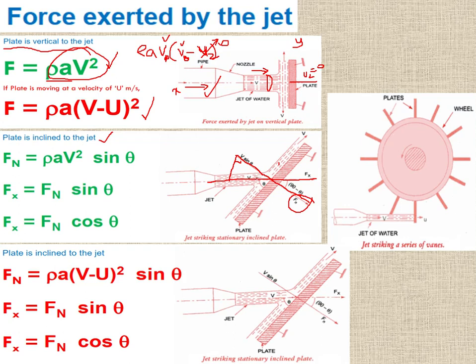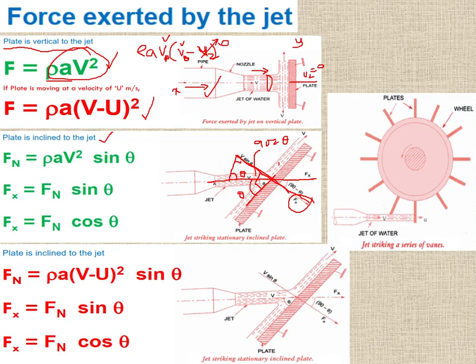Since this line and this line are perpendicular to each other, this is all 90 degree, and this angle is theta, so this will become 90 minus theta. So this angle will be theta.